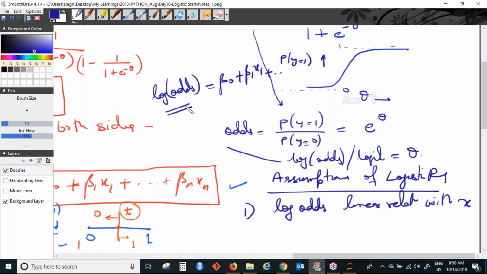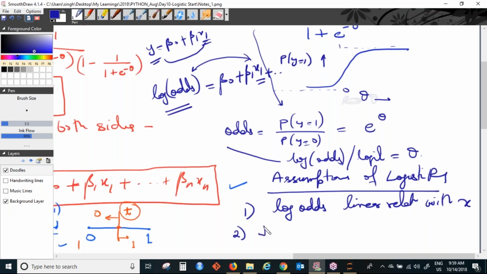That means this should have a linear relationship with your variable x, right? Similarly, in linear regression, if you remember, we used to say y should have a linear relationship with x, right? So similarly, in place of y, we have log odds here. So here we can say log of odds should have a linear relationship with x. That's what I have written here. Log of odds should have a linear relationship with your x. Okay, this is the first assumption of logistic regression.